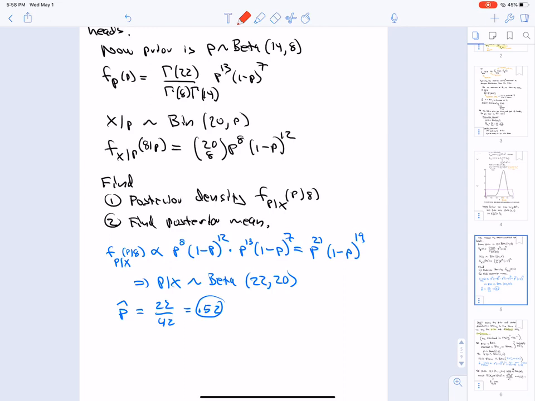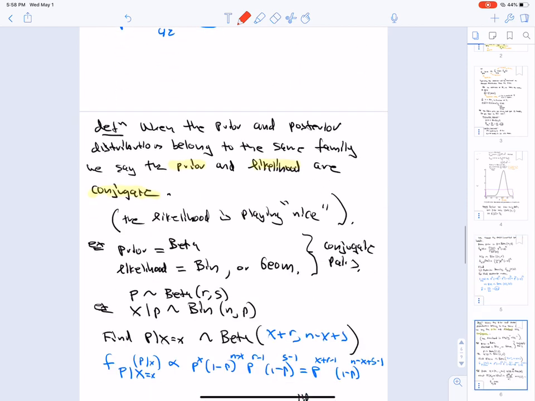I just care about the variable part. The variable part of the likelihood is p to the 8, (1 minus p) to the 12, and the variable part of the prior is p to the 13, (1 minus p) to the 7. So we get p to the 21, (1 minus p) to the 19. So the posterior is a Beta(22, 20), or the posterior mean is now 22 over 42, or 0.52.